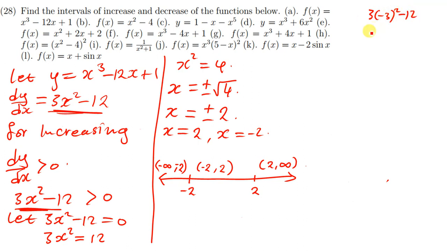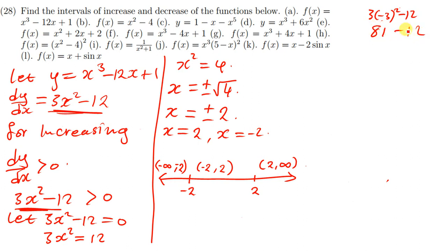Negative 3 squared is 9, and 9 times 3 gives us 27. Hmm, so 3 times 9 is 27, then minus 12.